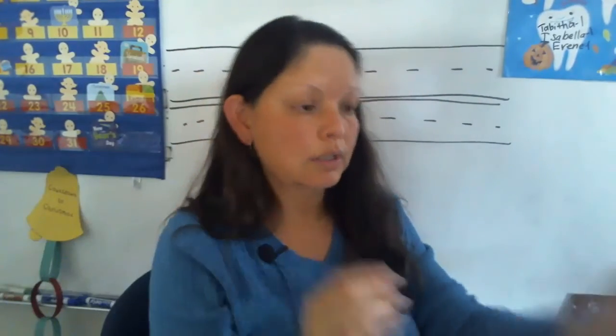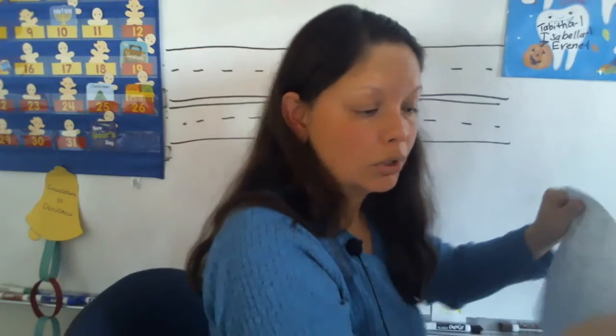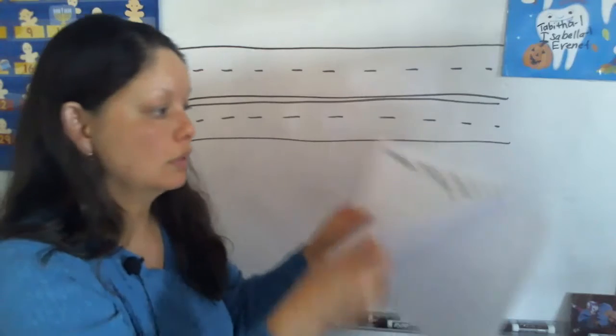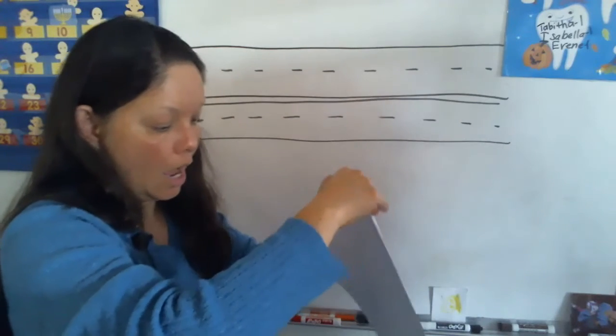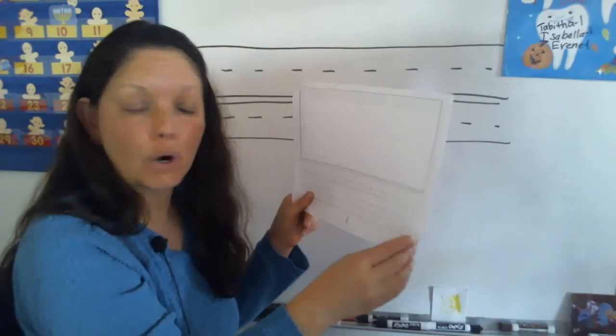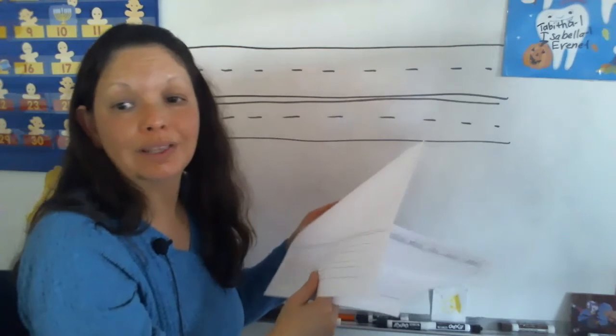And now we're gonna move on to writing. So let's see, we're gonna go, children, children, what do you see? And we've been saying page 1, we did, I can go to the park. And some people wrote about what they like to do at the park.